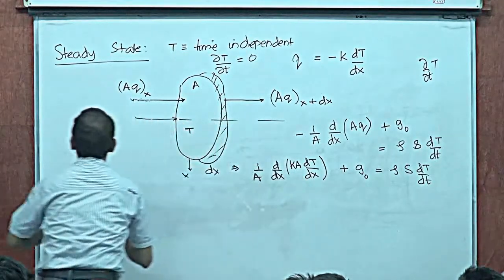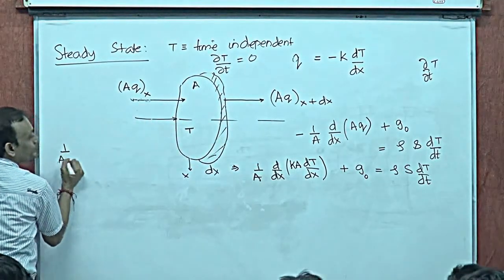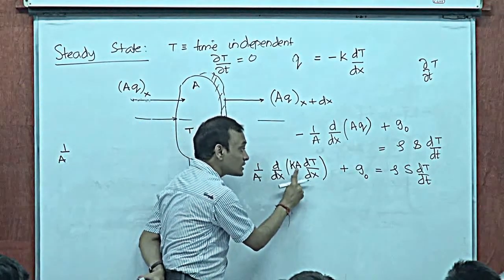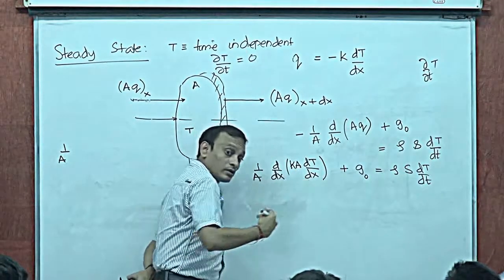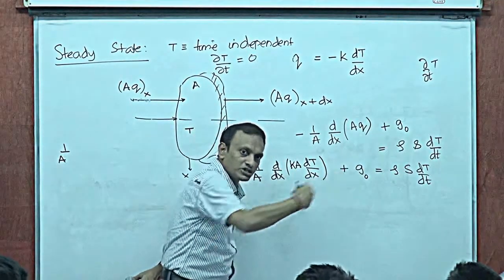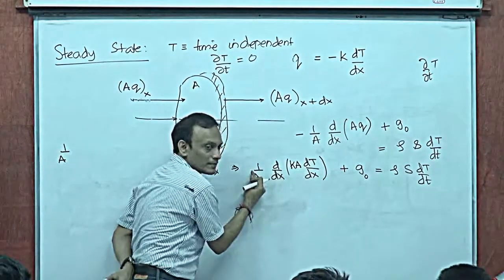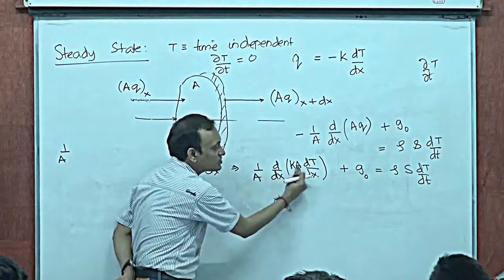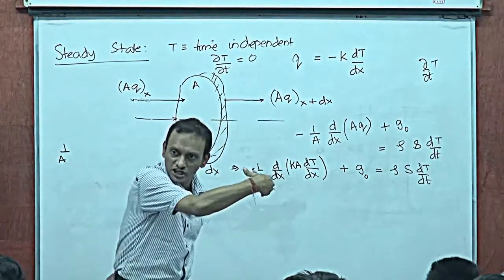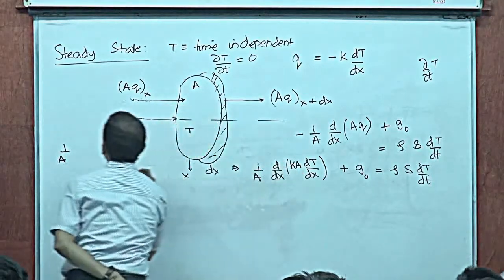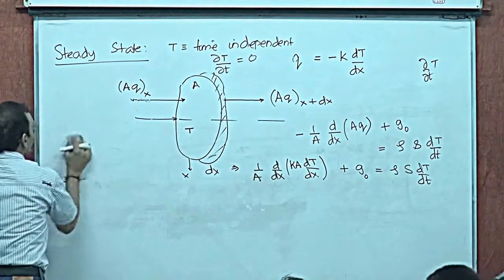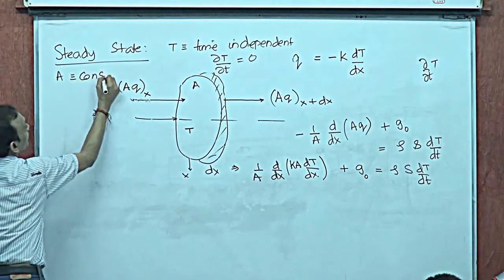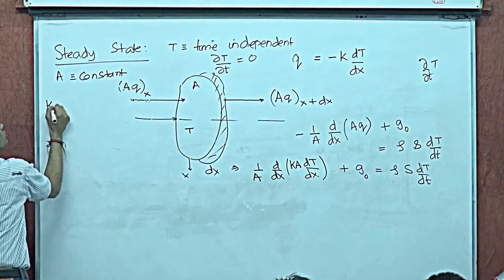So, again, to be more general, this is 1 by A. I could have, as a special case, taken A constant, area of cross section in the direction of heat flow. Then this A will come out, this K will also come out, and this A will cancel this A if it's a constant cross sectional area, leading us to a special case, if A is constant and thermal conductivity K is also constant.